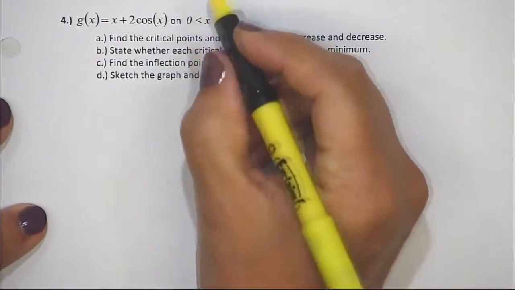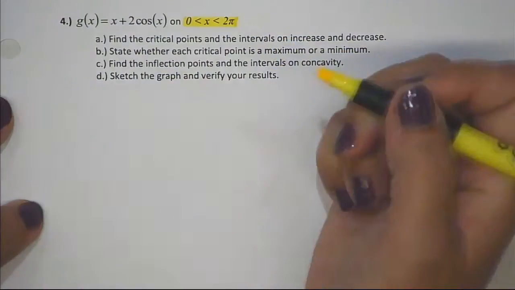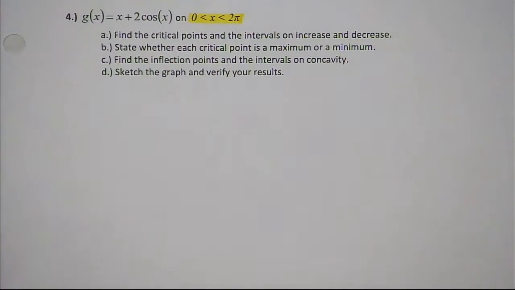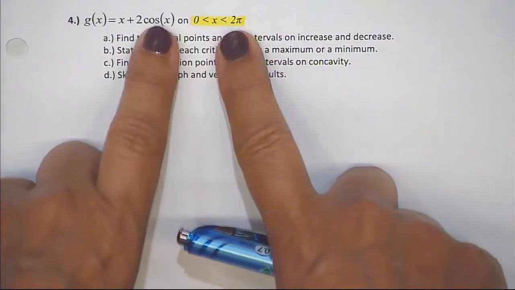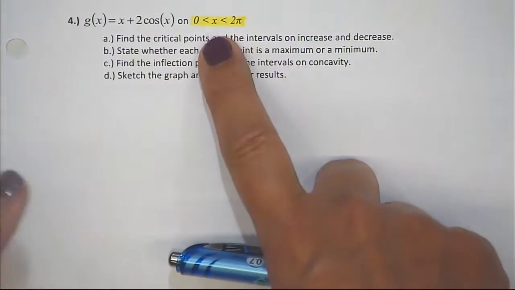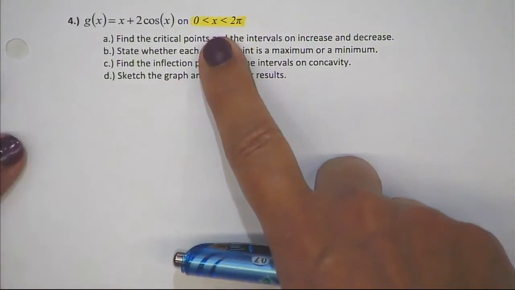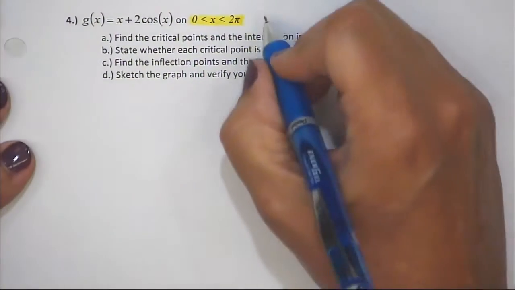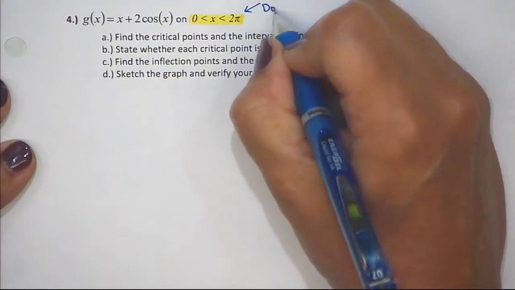So when you give answers, you cannot give me negative infinity on the left and positive infinity on the right. You have to stay between 0 and 2 pi, and you can't even use 0 and 2 pi. I think you have one just like this on WebWorK, but it says greater or less than or equal to. So that would change that you would use brackets instead of parentheses maybe. All right, so there's your domain.